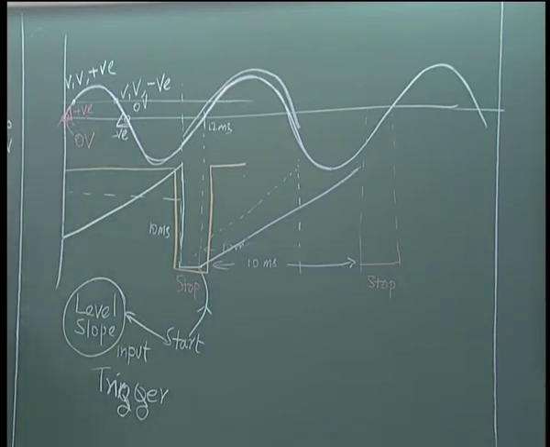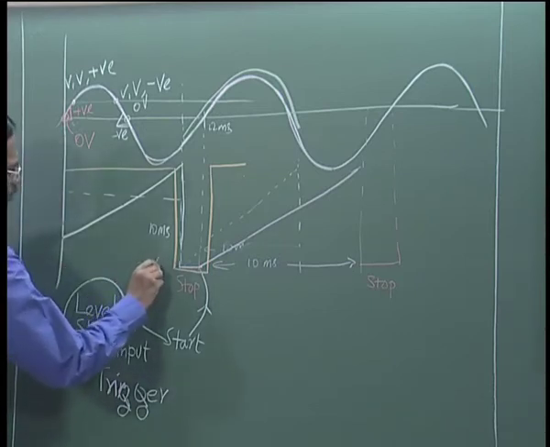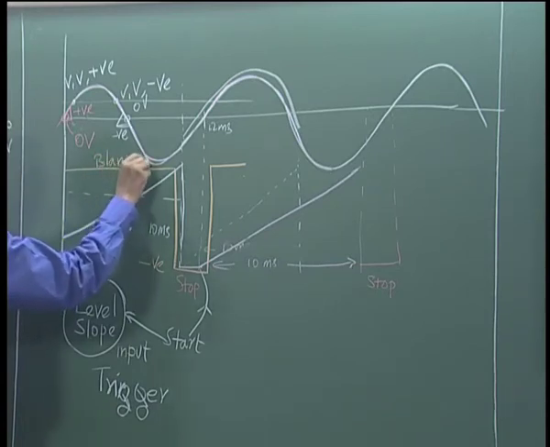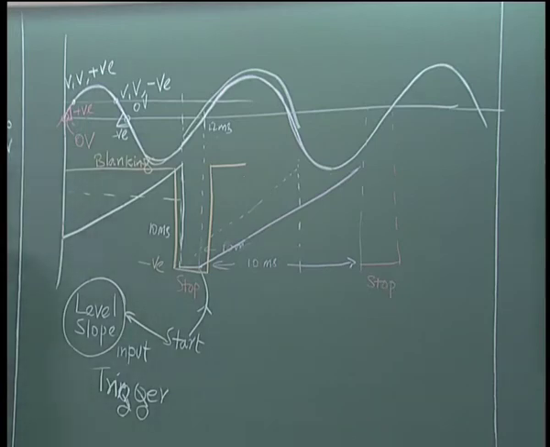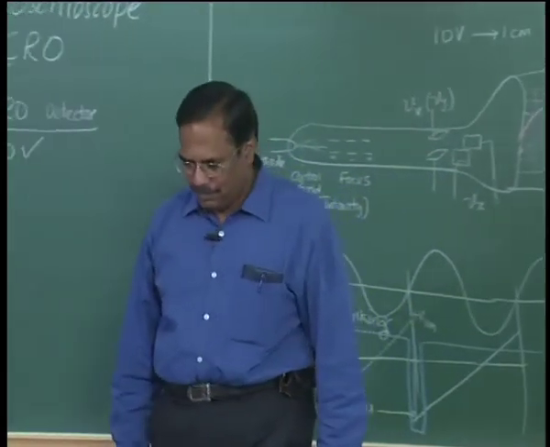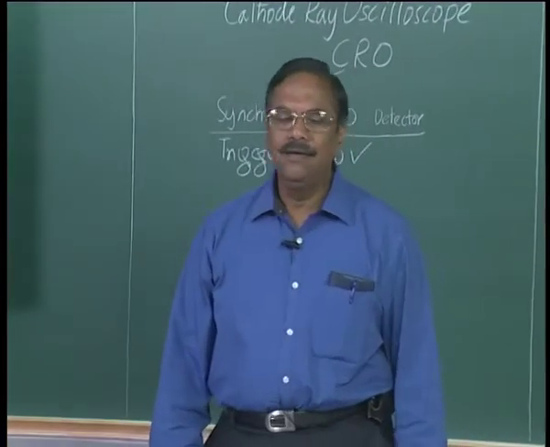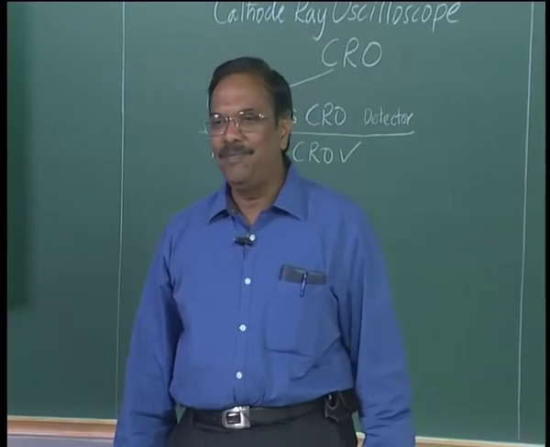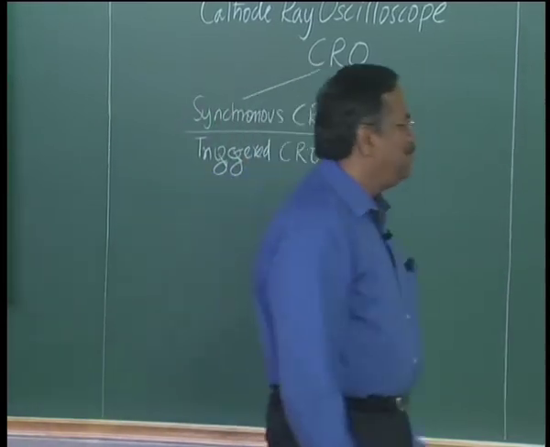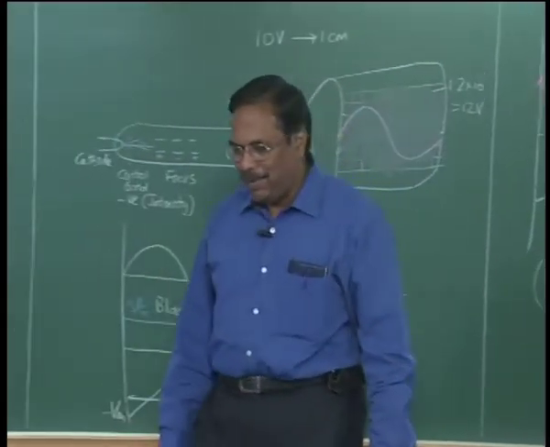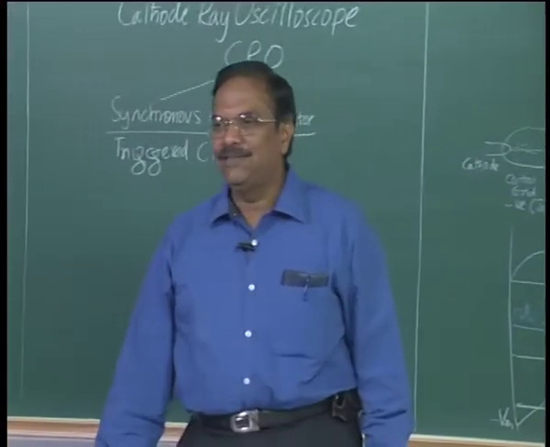So, at this point, because it is so negative, the grid voltage is negative, the dot will disappear. I will see no dot. But I told you, when we try to solve a problem, we create two more problems. One problem is that initial dot, and by extending the blanking pulse width I can solve that problem.